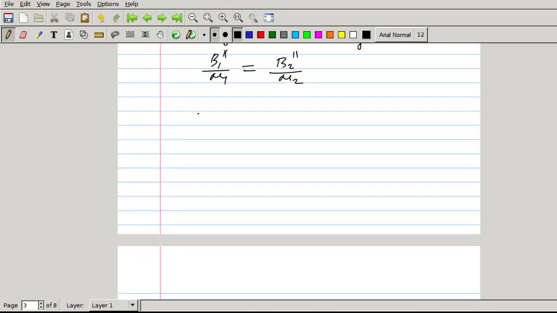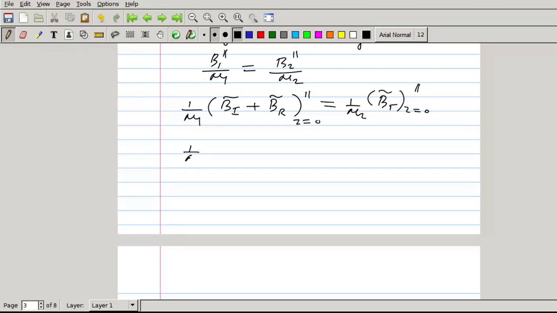So what is B1 parallel? 1 by mu1 into B1 parallel, which is B incident plus B reflected, its parallel component at z equal to 0. Here all the field vectors are parallel, so we need not write the parallel. You just substitute the incident and reflected wave vectors, equal to 1 by mu2 into B transmitted, its parallel component at z equal to 0.